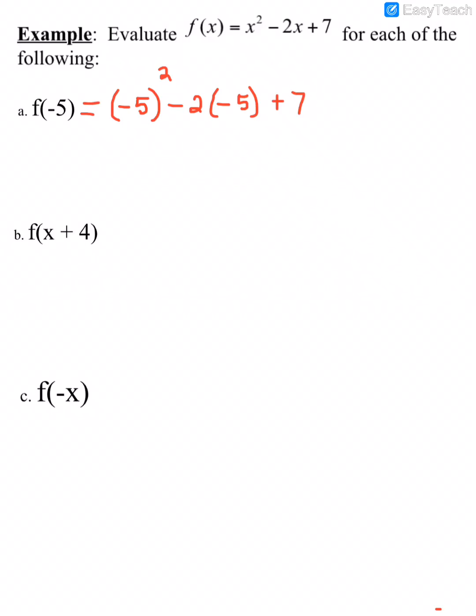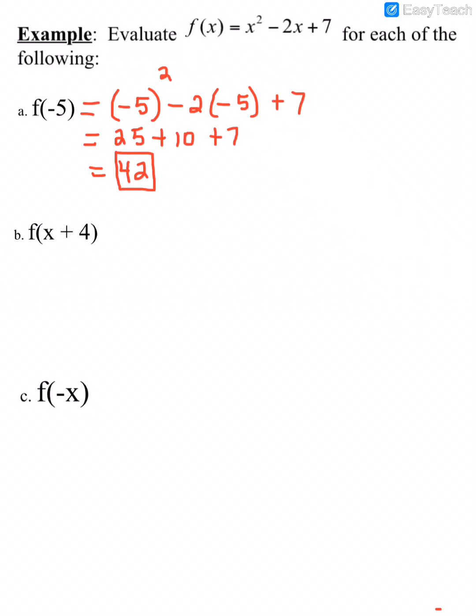Make sure that you follow order of operations anytime you're doing something like this. So I have negative 5 squared, that would be a positive 25. And then negative 2 times negative 5, that would be a positive 10, plus 7. If I add all of that up, 25 plus 10 is 35, plus 7 is 42.